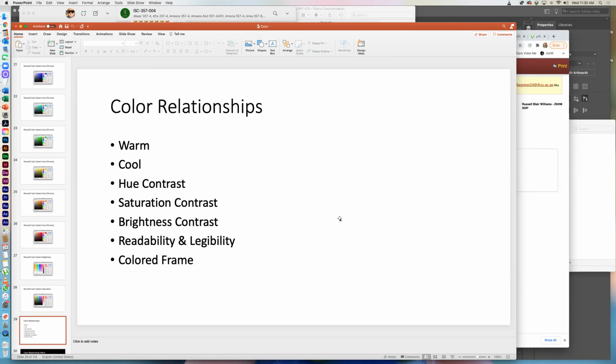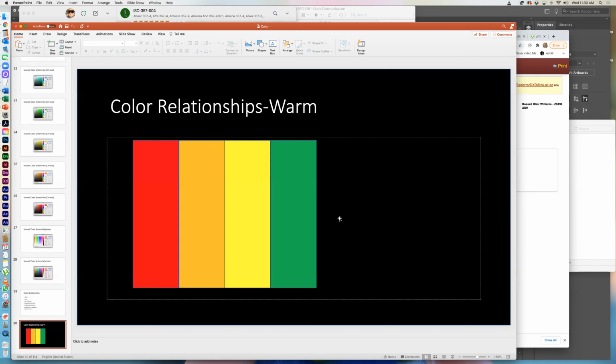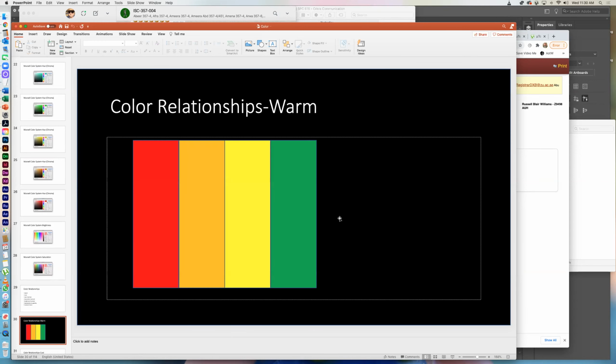Now, beyond that, there are relationships between colors, and we'll take a look at those relationships, okay? So here, these are warm colors. What you see is very interesting. The green is actually kind of neutral.